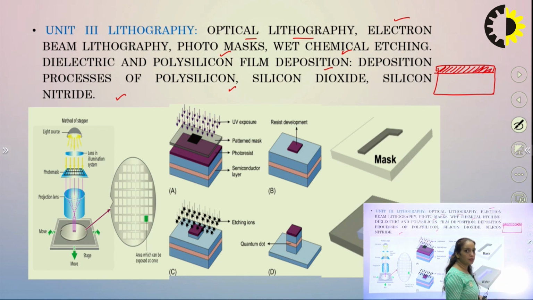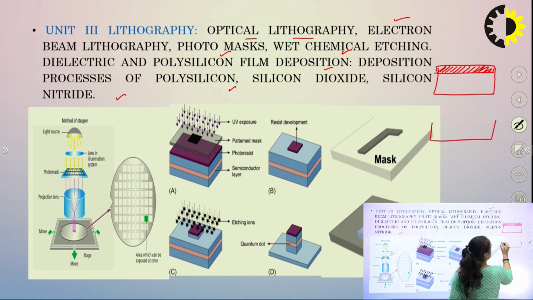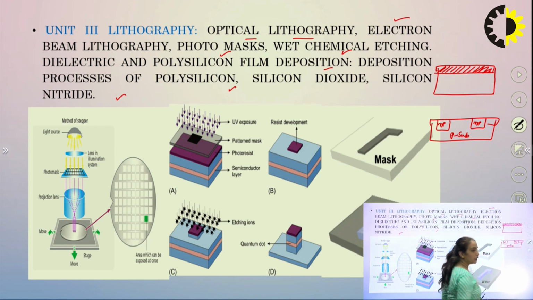When we form the MOSFET, we have this p-type substrate and N plus doping will be done so that we can have the source and drain regions.